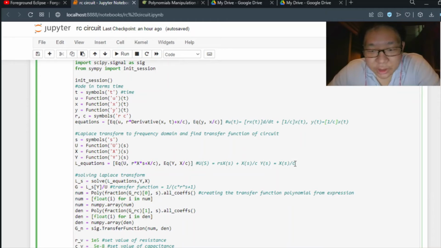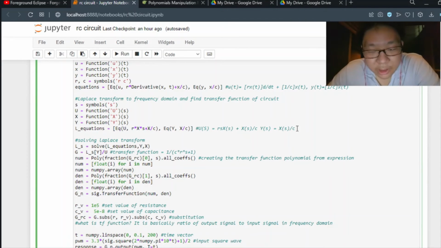They are treated as constants. And then here, 1 times d divided by d of t is s. Okay, so we have a frequency domain ODE.